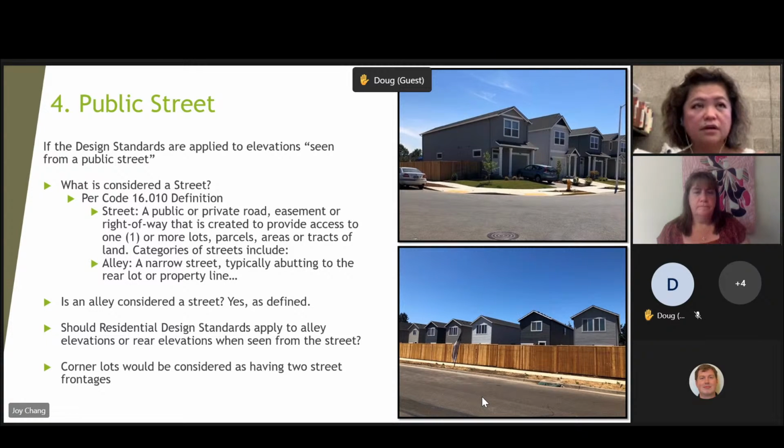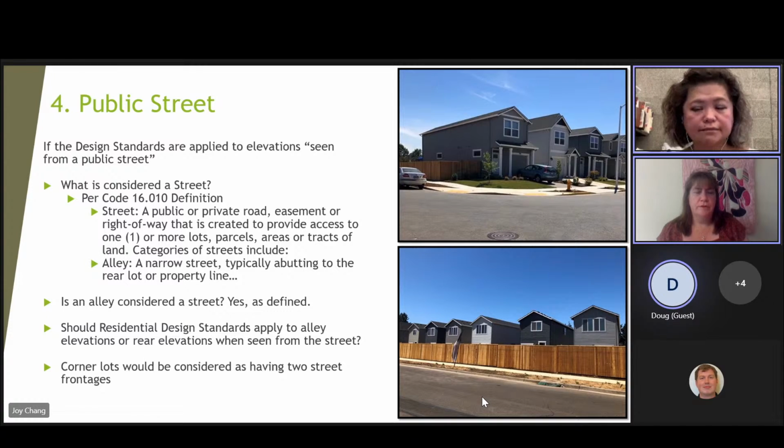So the standard that we have currently drafted says five detailed design elements are required on street facing elevations. So the corner lot. Too narrow a definition. I think it needs to be elevations facing a public right of way.